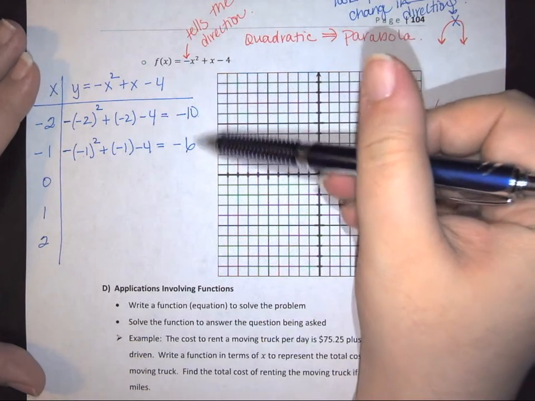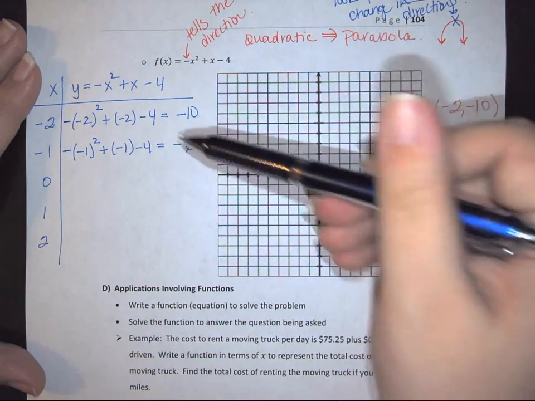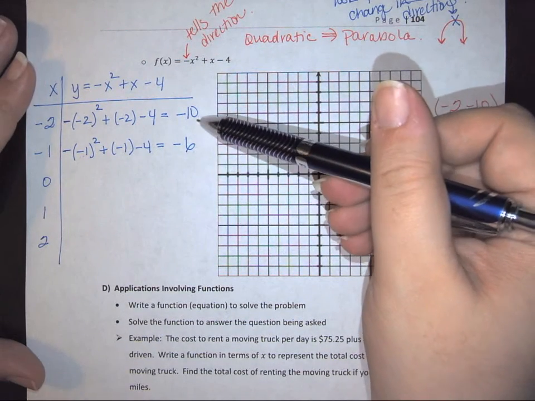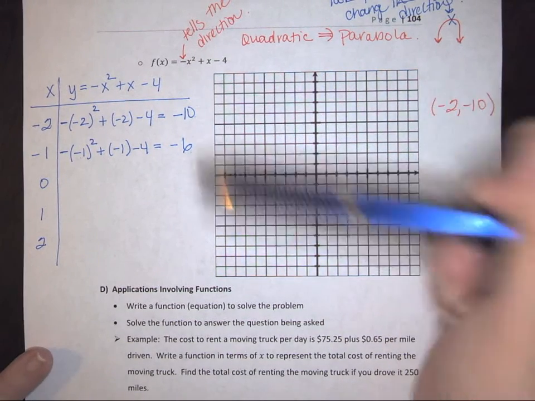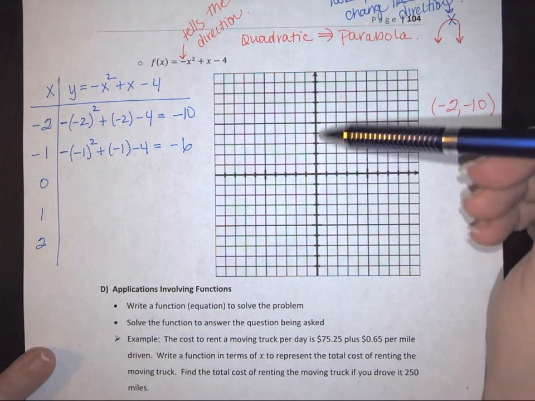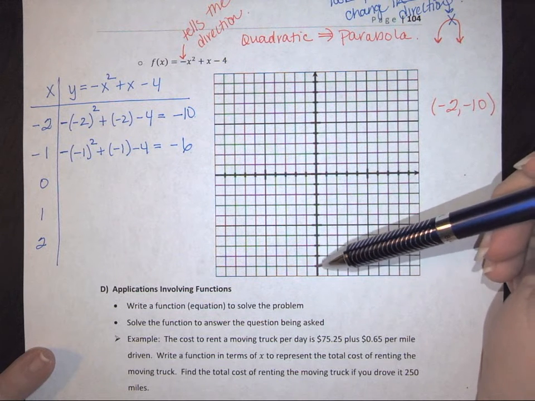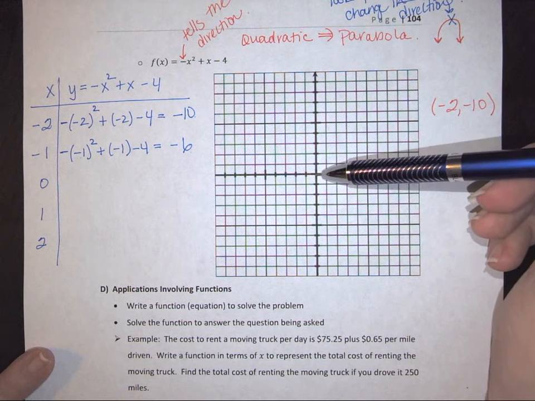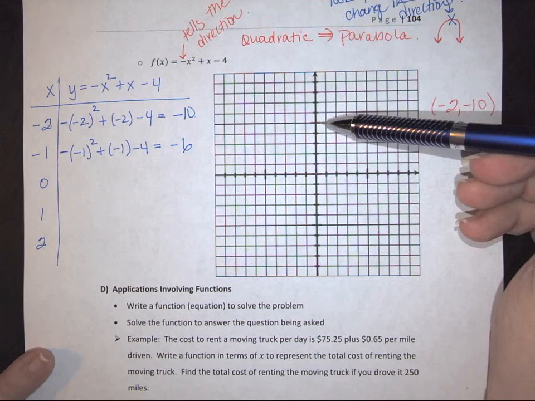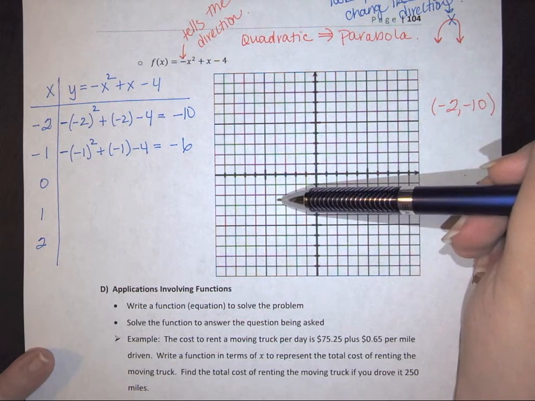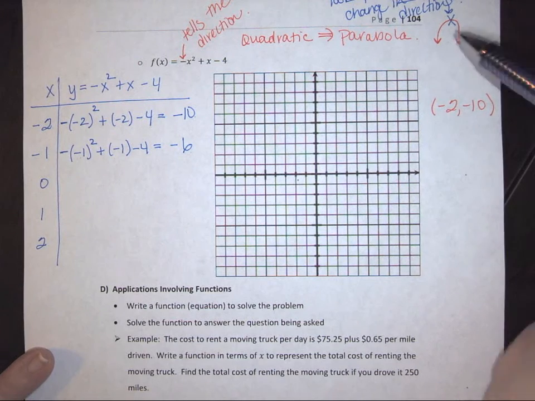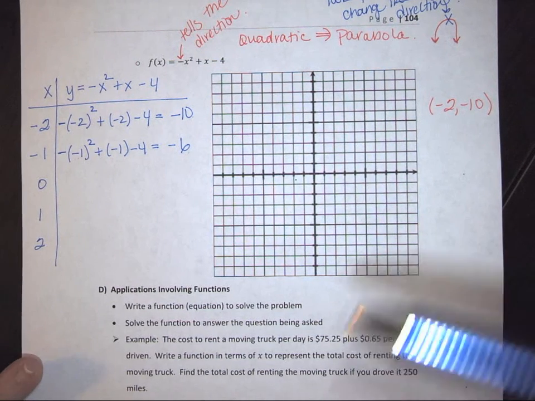So notice my y values are actually increasing in value. If you think about your negative line here, your negative values increase as they get closer to 0, and then they continue to increase as we go up. And so here we are in an increasing trajectory, which means my parabola is going the right direction.